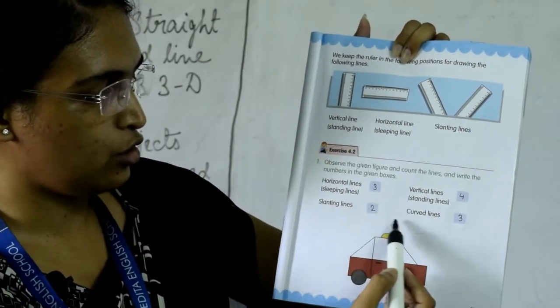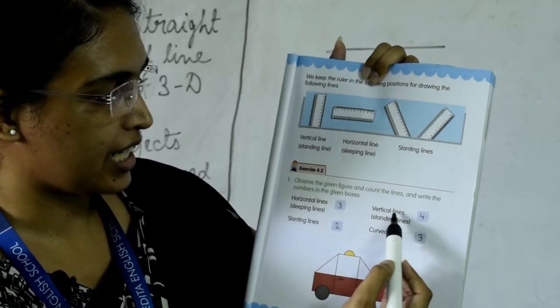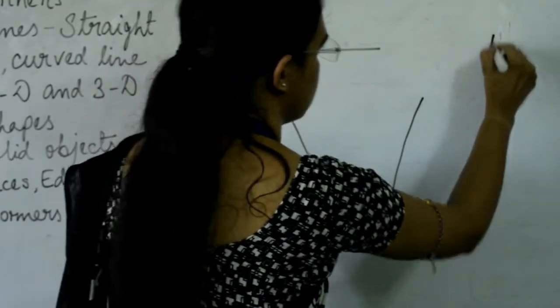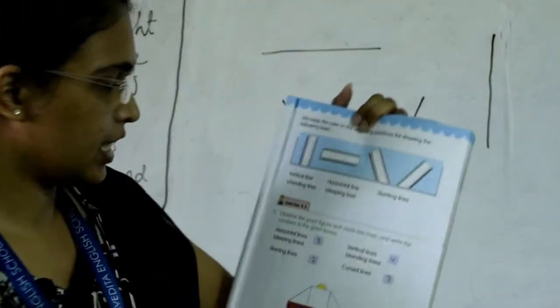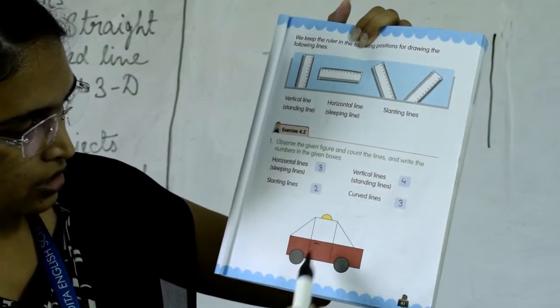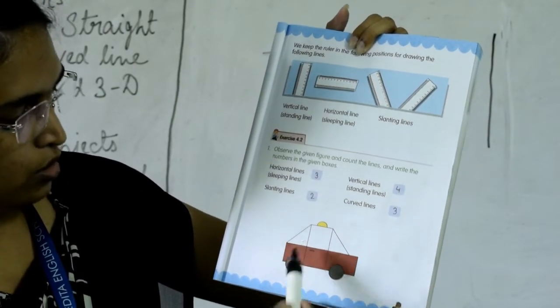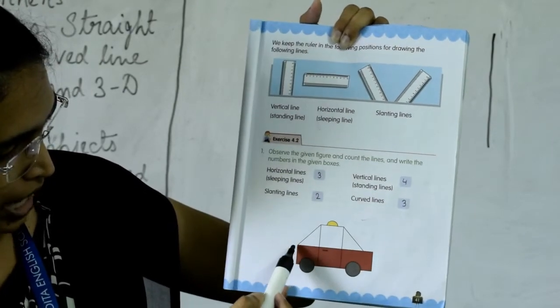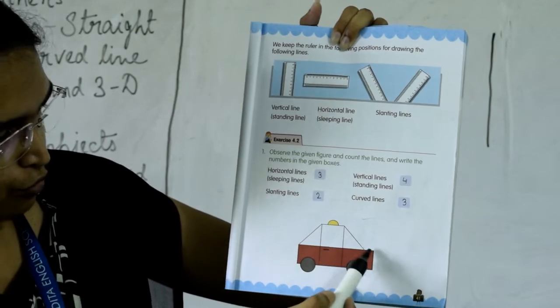So write here 2. Now next is vertical line or standing line. This one. So how many standing or vertical lines are there? 1, 2, and here also 3, 4.